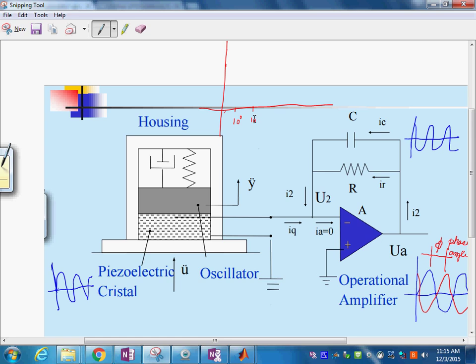This may be 10. This would be 10 squared, 10 to the third, 10 to the fourth, 10 to the fifth, and 10 to the sixth. And in here, I am going to plot the value of the voltage, let's say, the magnitude of it.